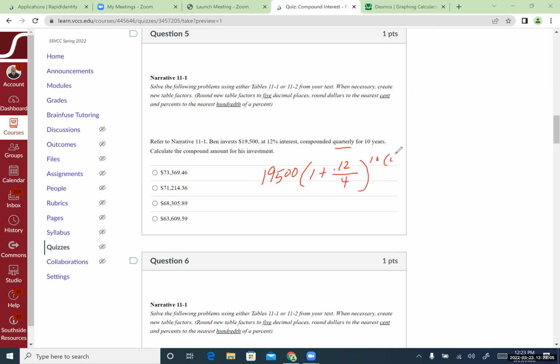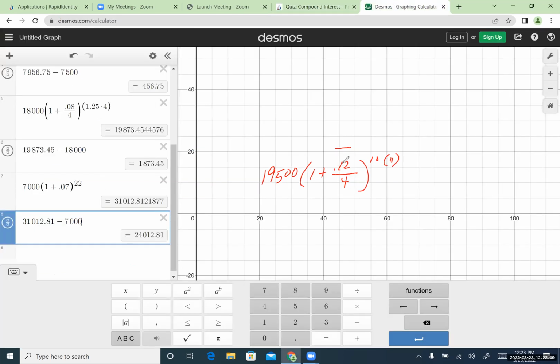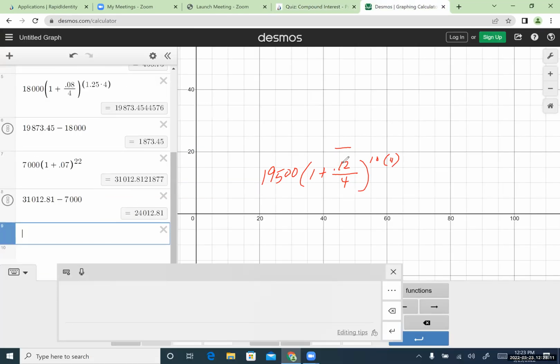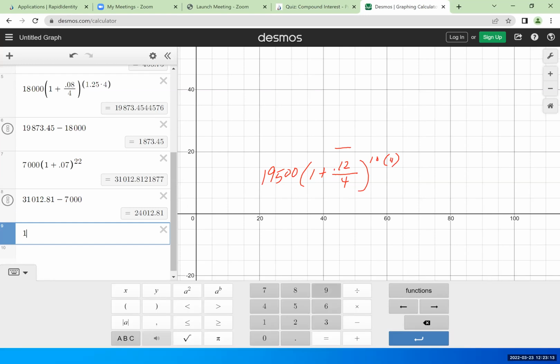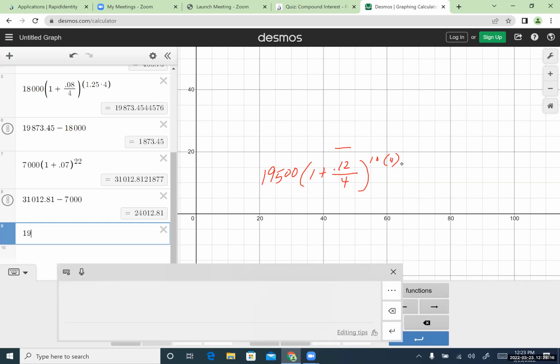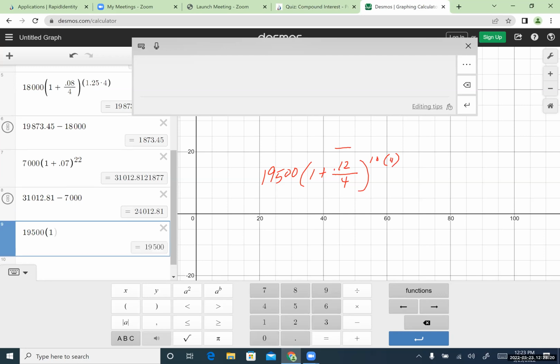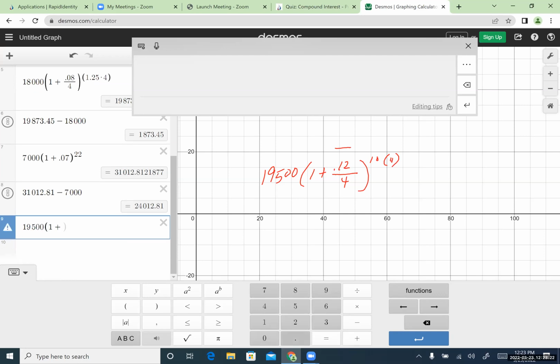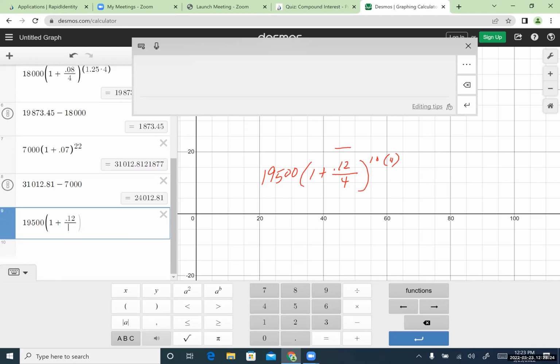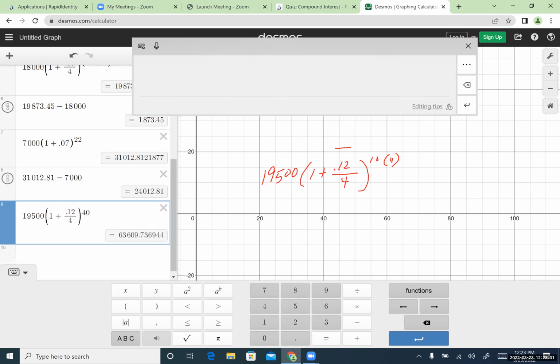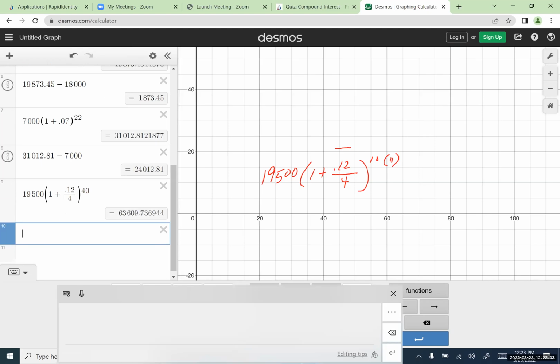So 10 times 4 is our exponent. $19,500, 1 plus 0.12 divided by 4, raised to the 10 times 4, that's the 40th power. 63,609.73, 74, I guess.